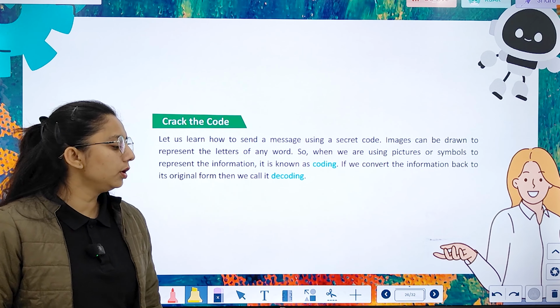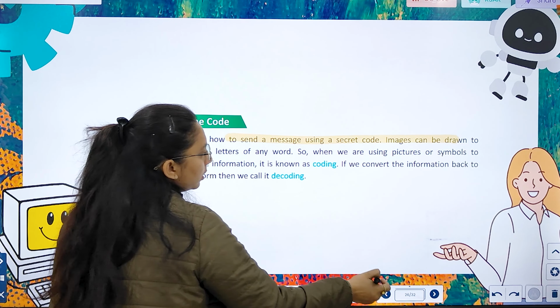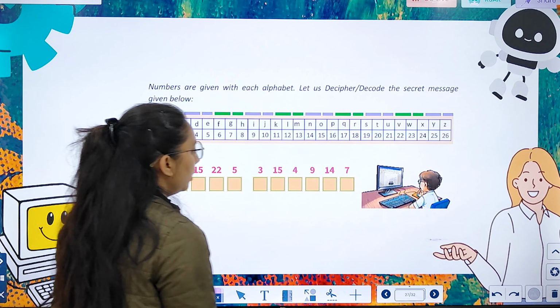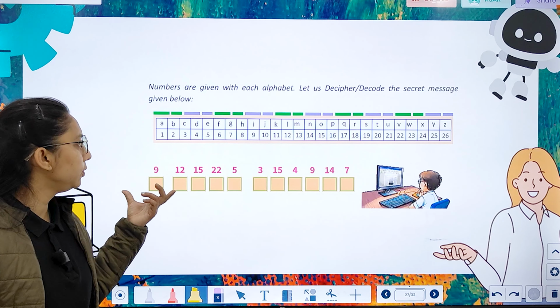Next is crack the code. So let's learn how to send a message using secret code. Now, this is given: 9, 12, 15, 22, 5. You have to write the code.